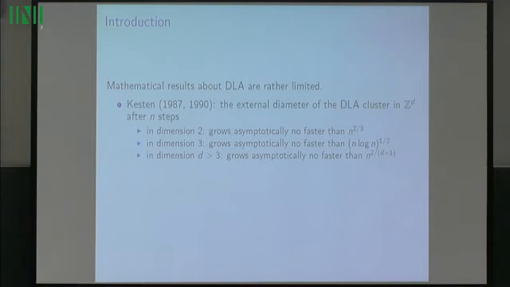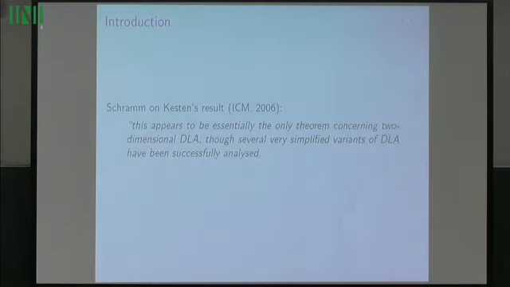For Kesten, the ambient graph was Z^d. And he bounds from above the growth rate of this external diameter. But these bounds are far from optimal. And this is more or less all we have in terms of rigorous results about two-dimensional DLA, as Schramm noted 12 years ago, and this statement has stood the test of time.